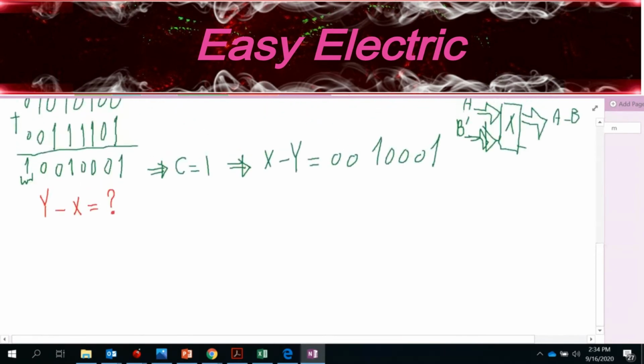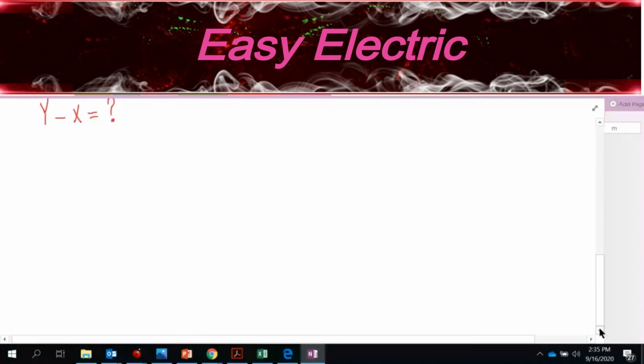So just be careful. You already did x minus y, so it is this. If you say y minus x, this should be the same number, just negative, if you did the right thing. So if I say 5 minus 2, the answer is 3. If you say 2 minus 5, the answer is negative 3, right? So somehow you can check whether your answer is right or wrong, okay? So let's do that and see what we will get.